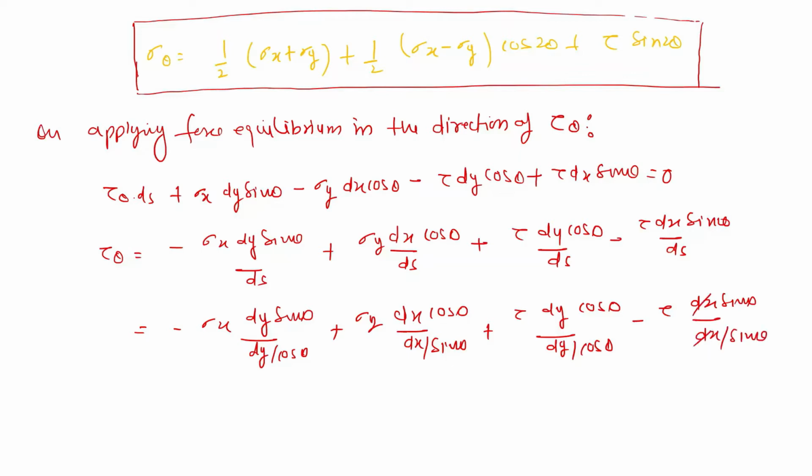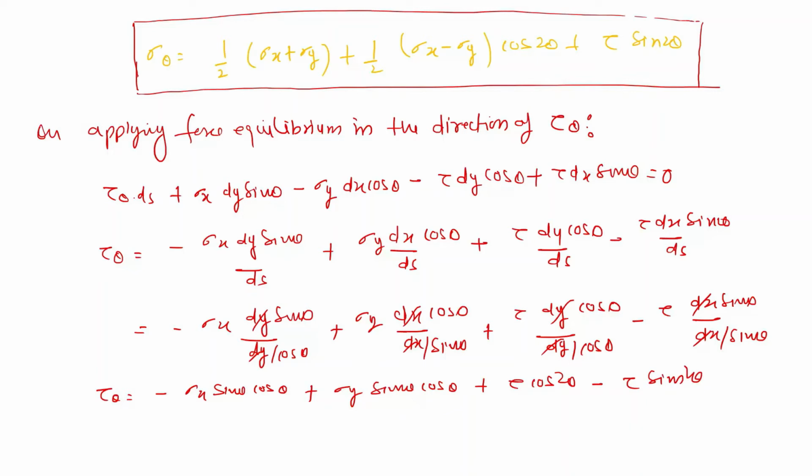The dx and dy cancel out, so ultimately tau theta equals minus sigma x sin theta cos theta plus sigma y sin theta cos theta plus tau cos square theta minus tau sin square theta.